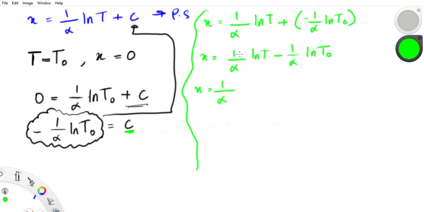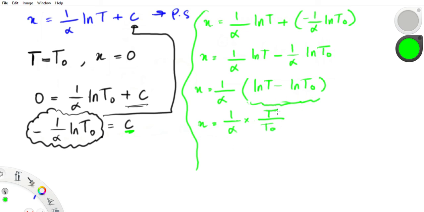If I take 1 over alpha as a common factor between the two, I get ln t minus ln t0. Okay, now this goes back to your natural log rules, and your natural log rules say that if you have a natural log minus another natural log, you can write it as t, the first one, divided by the second one, t0.